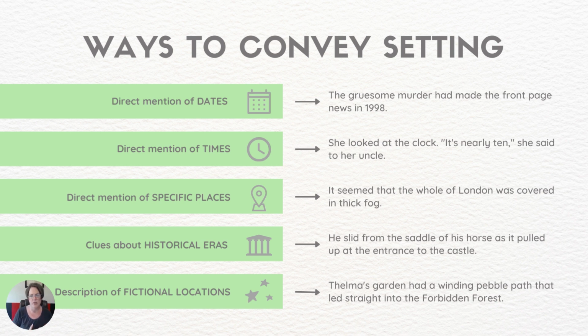Clues about historical eras probably won't come into play unless you happen to be an older student and you want to talk about growing up in the 80s or the 90s versus those of you who are born after the year 2000. And description of fictional locations, of course, will not come into play because you are writing a non-fictional narrative. So let's move on.